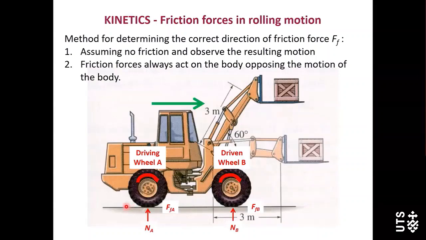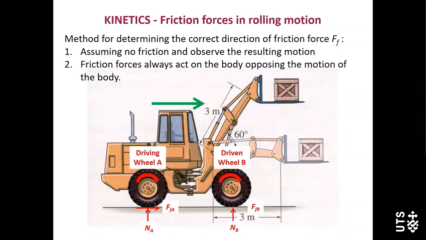Then the direction of friction force at this contact point must be opposite, so it should be to the right side. This is FA.